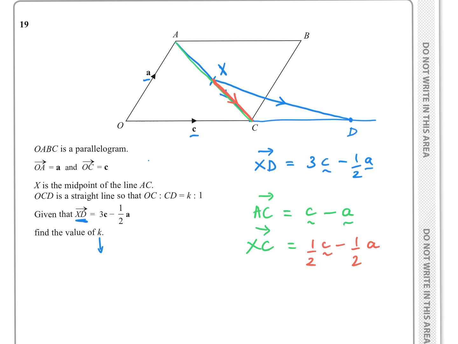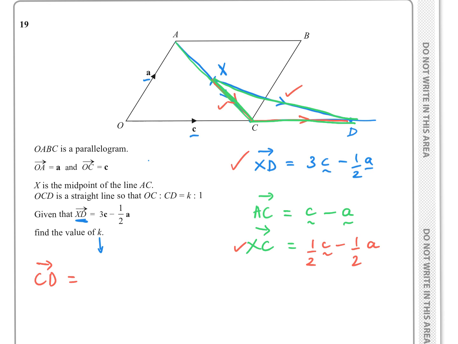So we know what XD is, and we know what XC is, so we can find CD. So C to D should be, sorry, it should be C to X, which is minus XC, plus XD. So I'll do that once more.